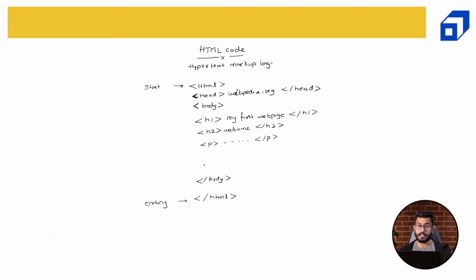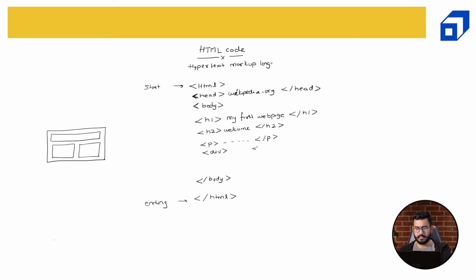If I want to create a division, so what is a division? So let's say this is my web page. And within this, I want to divide this web page into 3 divisions. So first section or division, second division, and third division. Now this is something which we can do using div tag.